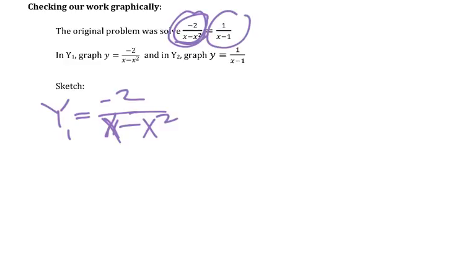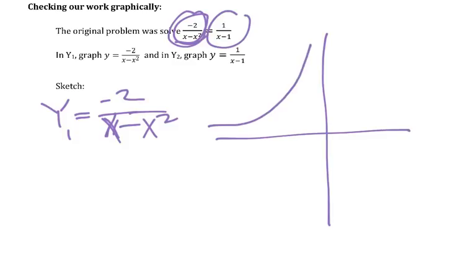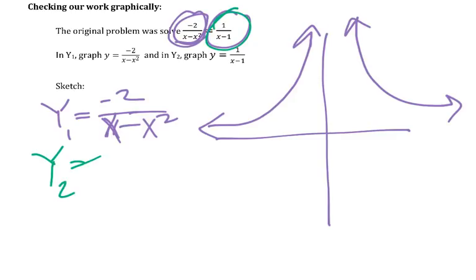And when I do that, I get a graph that looks like this. Something like this anyway. Okay, then in y2, I take the other side of the equation, 1 over x minus 1.